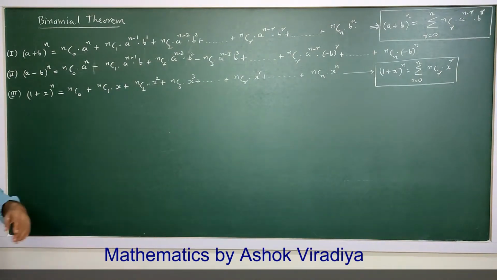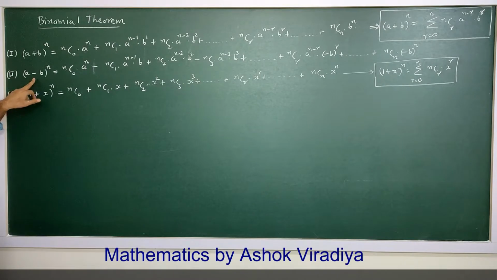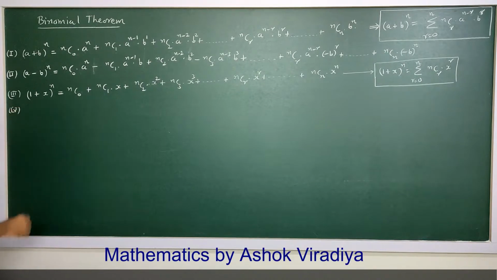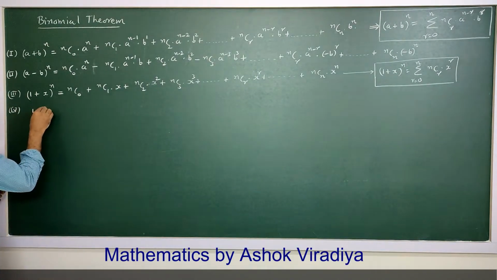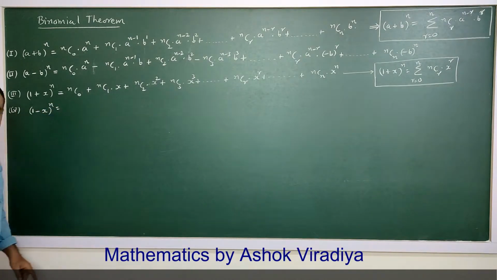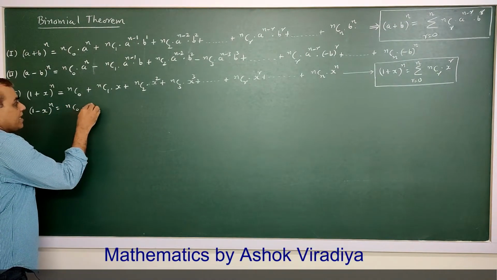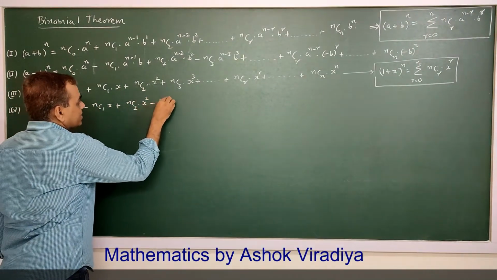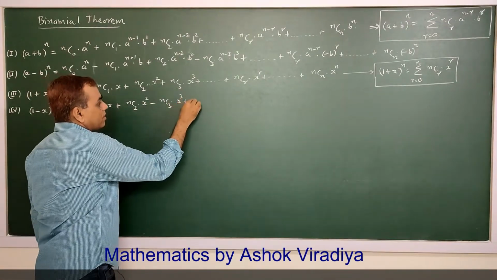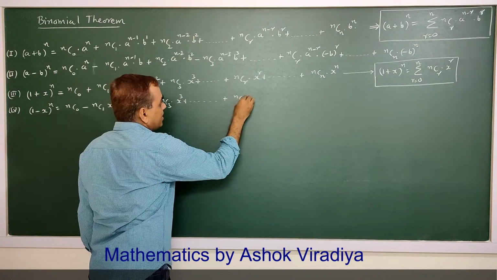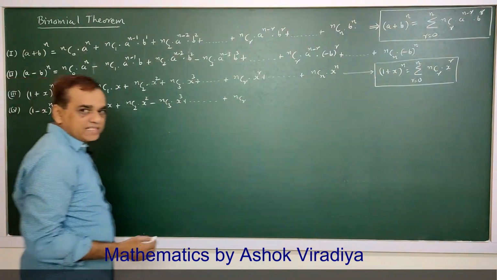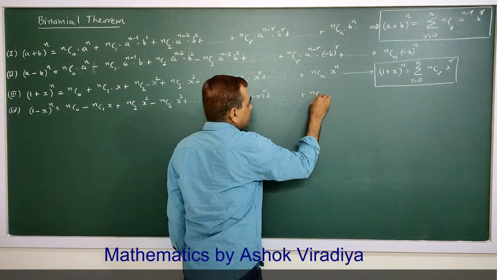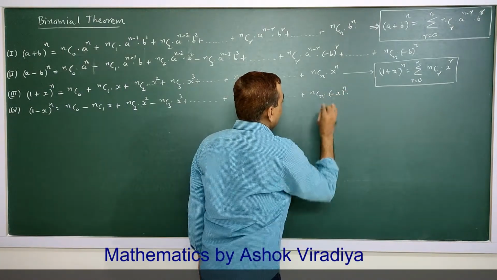Then as we have written the second statement, similarly this statement can be converted by replacing x by minus x, with alternate signs: nC0 minus nC1 x plus nC2 x square minus nC3 x cube plus, here nCr, where x is replaced by minus x, so (minus x) raised to r, plus nCn (minus x) raised to n.